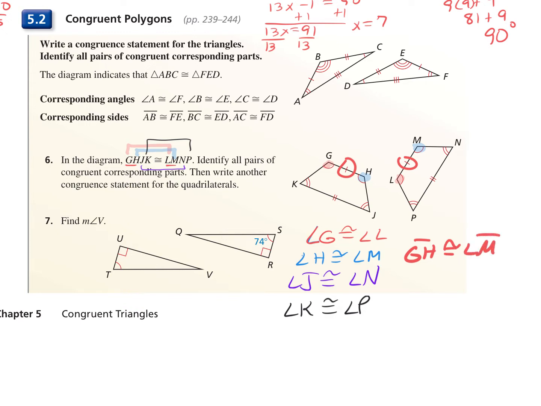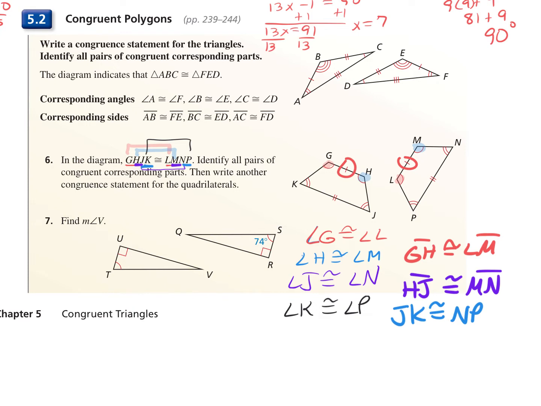I can keep going and taking them 2 at a time. So HJ, the second and the third, will match with the second and the third here. So HJ is congruent to MN. And then lastly, the last 2, JK, will be congruent to NP.